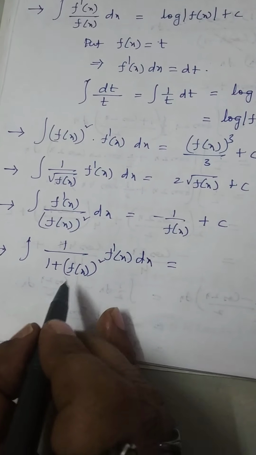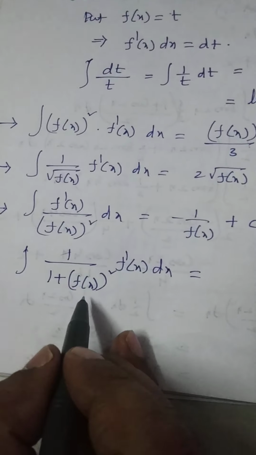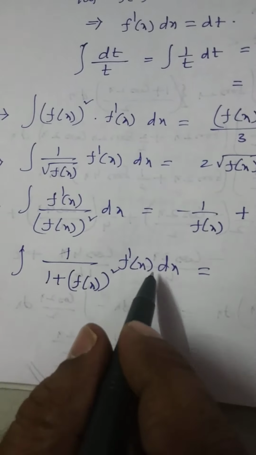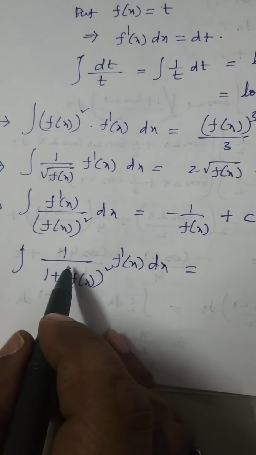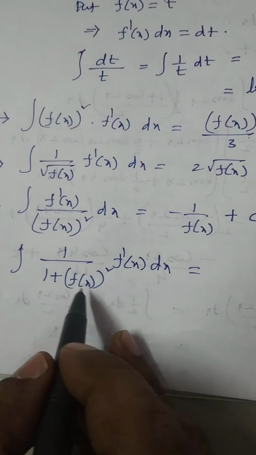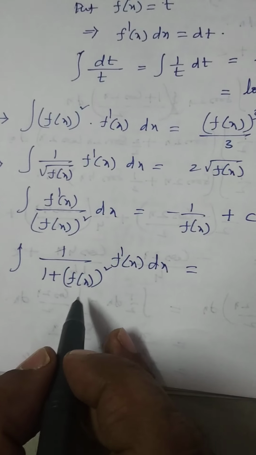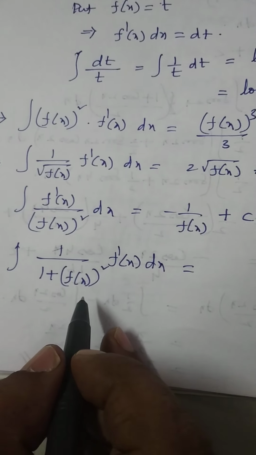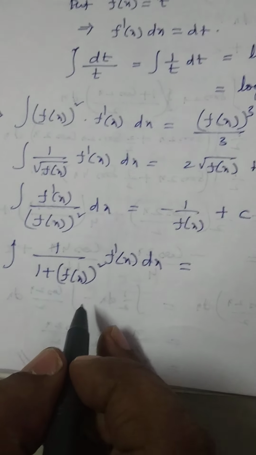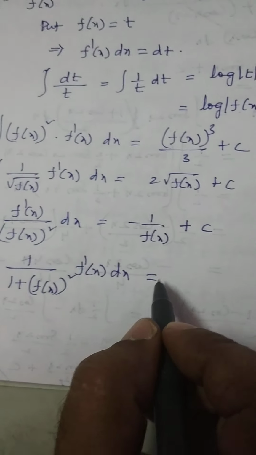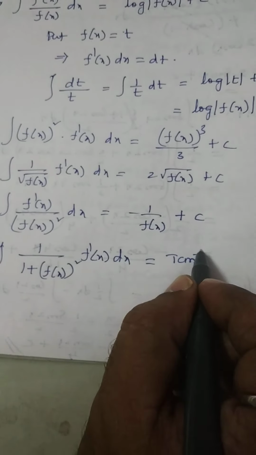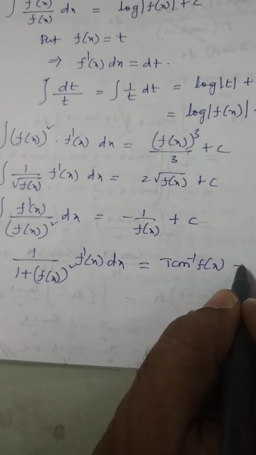Here by taking f of x as t, we get f dash of x dx is equal to dt. So this function will turn into 1 by 1 plus t square. What is the integration for 1 by 1 plus x square dx we used to do? It is tan inverse of x. So similarly here we get tan inverse of f of x plus c.